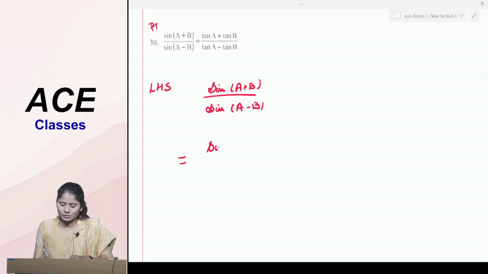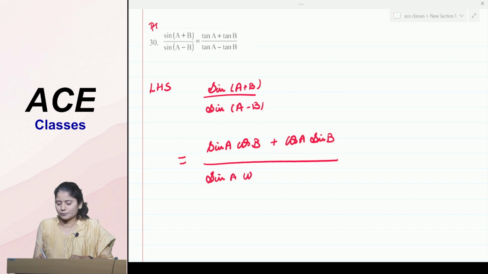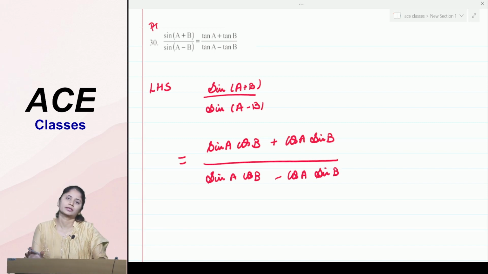That is sin A cos B plus cos A sin B by sin A cos B minus cos A sin B. My answer on the RHS should be in terms of tan, and that too tan A plus tan B.